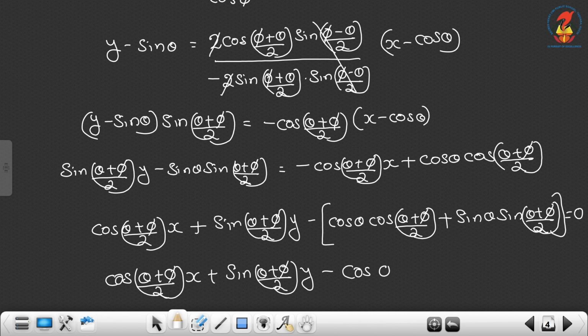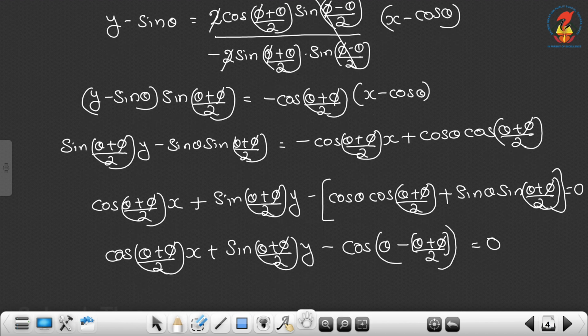In the place of x we have theta, minus (theta plus phi)/2. Okay, this in the bracket, then again bracket equal to 0. Or you can write (theta plus phi)/2 first, then minus theta. Anyway, cos of minus theta is equal to cos theta. So that won't affect the equation.